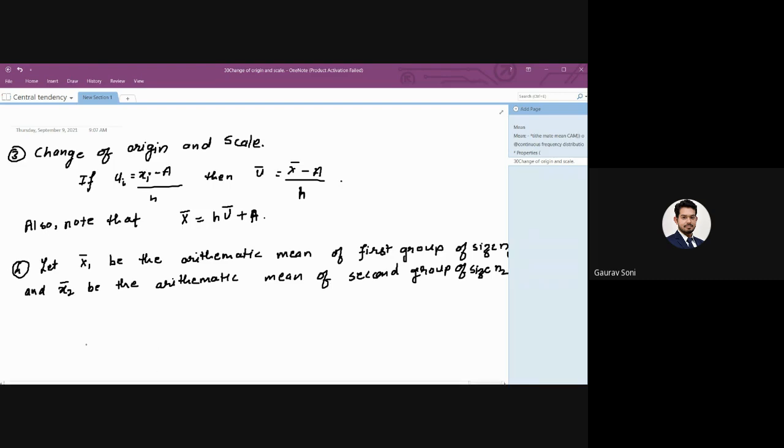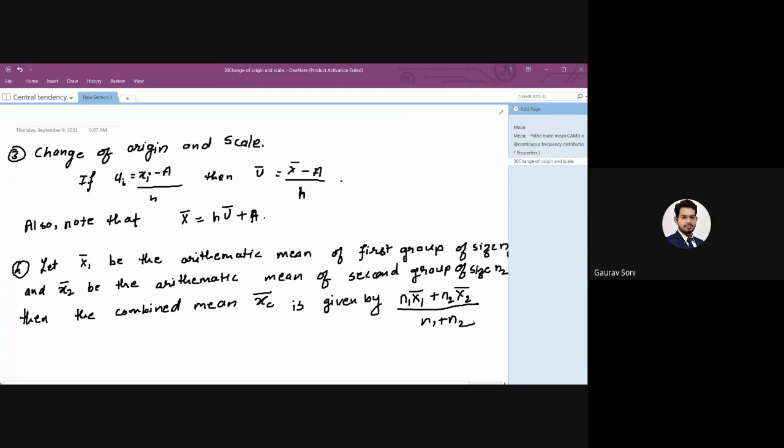Then the combined mean xc bar is given by n1 x1 bar plus n2 x2 bar upon n1 plus n2.